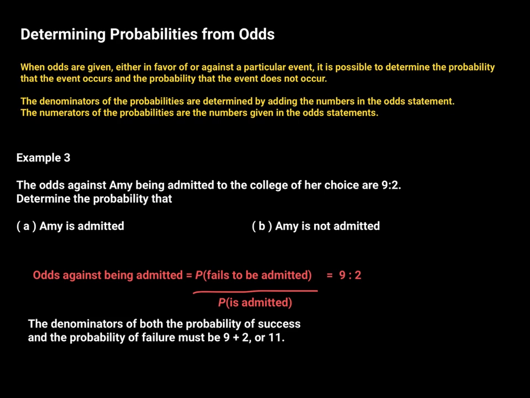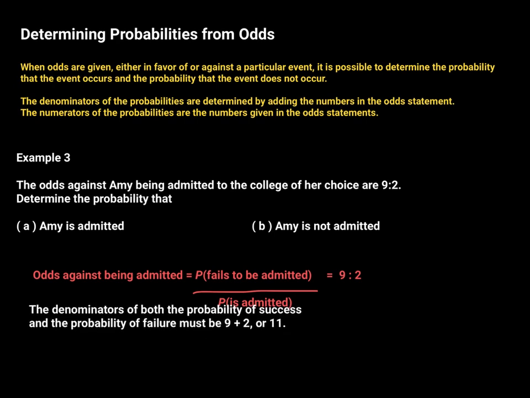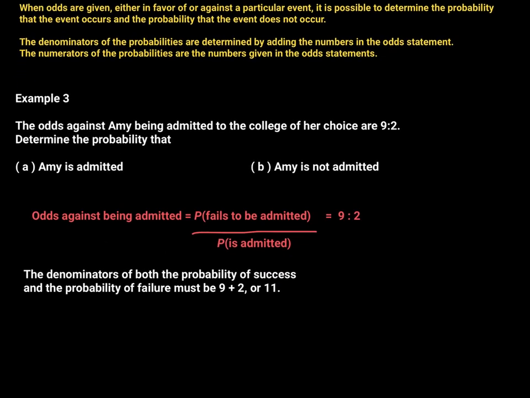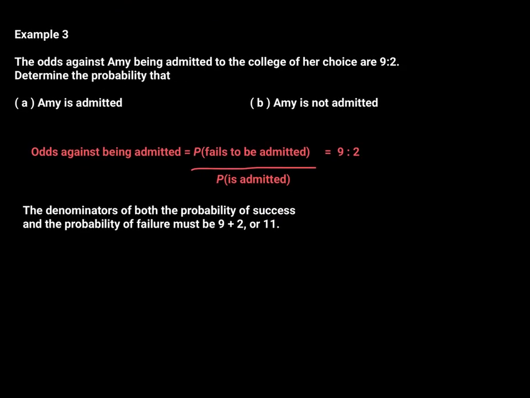To get the odds ratio of 9 to 2, the probabilities must have been as follows. The probability of failure, well, they gave us the odds against. The odds against is a ratio of failure to success.